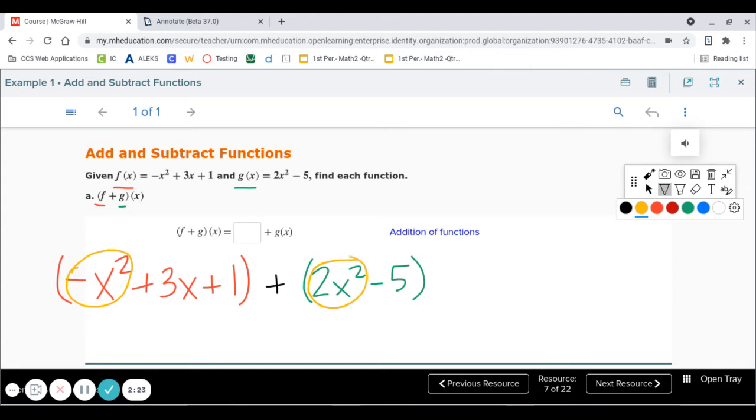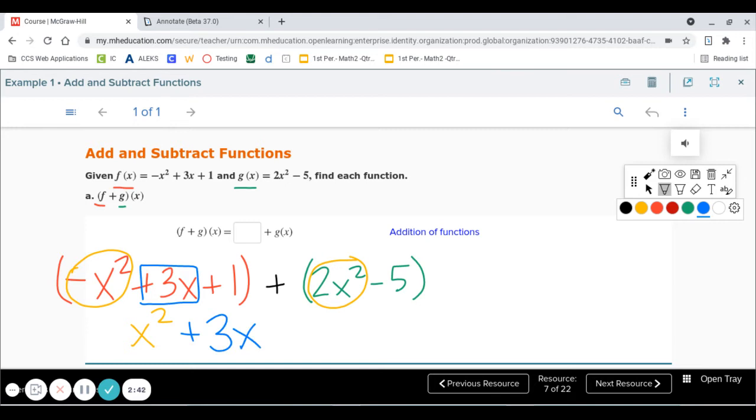So negative 1 plus 2 is going to give us 1, or we can just call it x squared. 3x is the only term like itself, so we'll just put positive 3x in here.